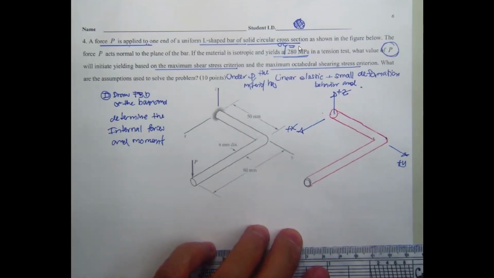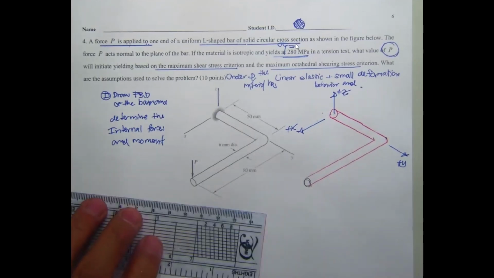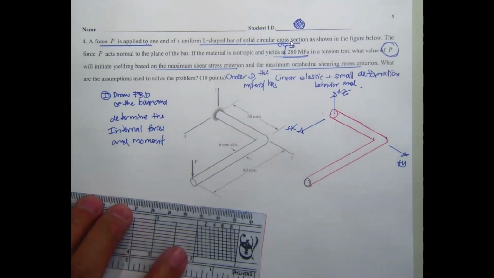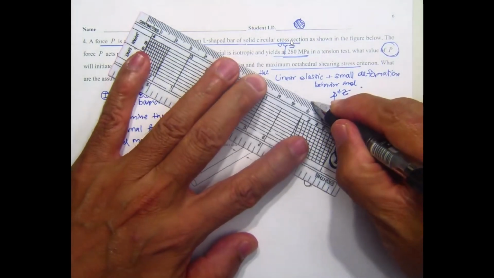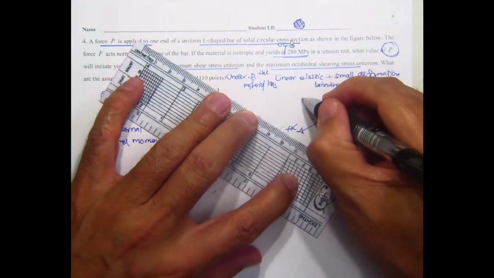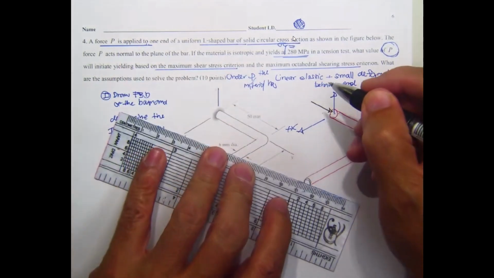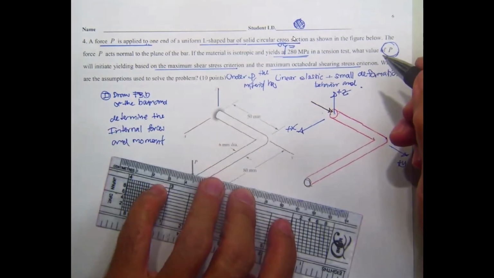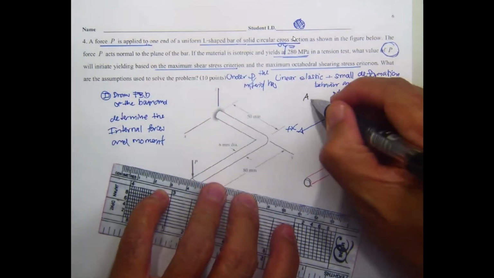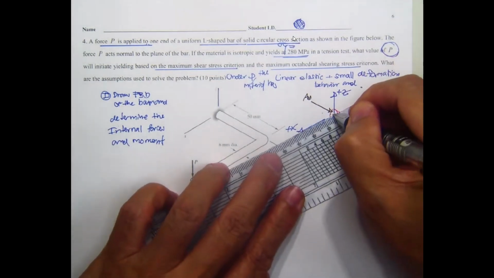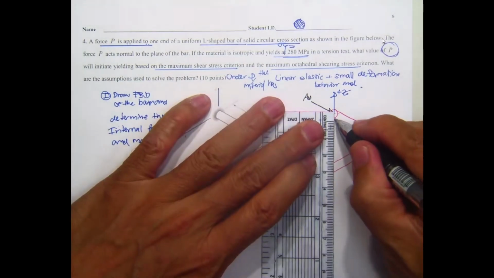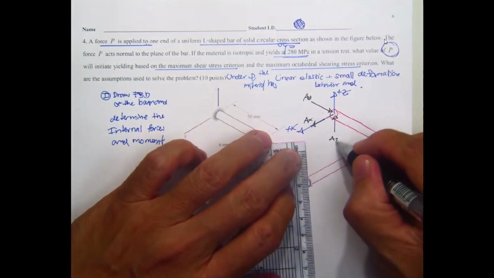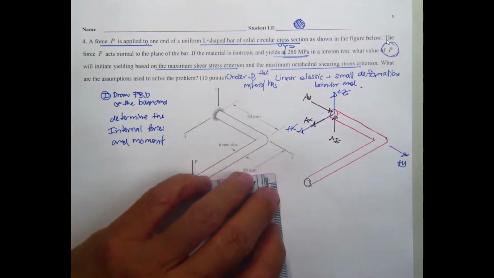Now, following what we have here, we have to have the reactions. And again, the reaction must be a force. This is point A sub Y. And then this one should be A sub X. And this one should be A sub C. Okay.